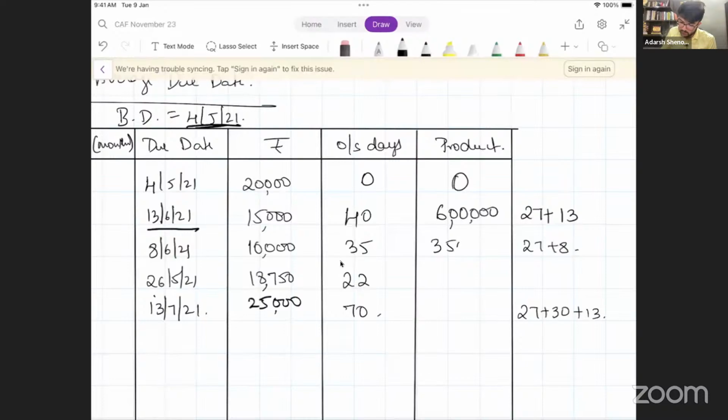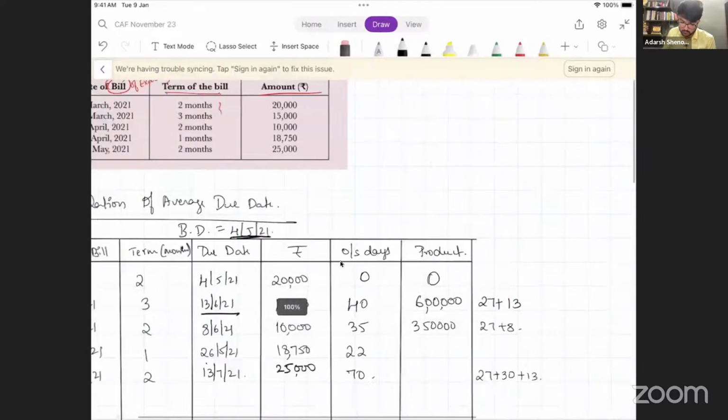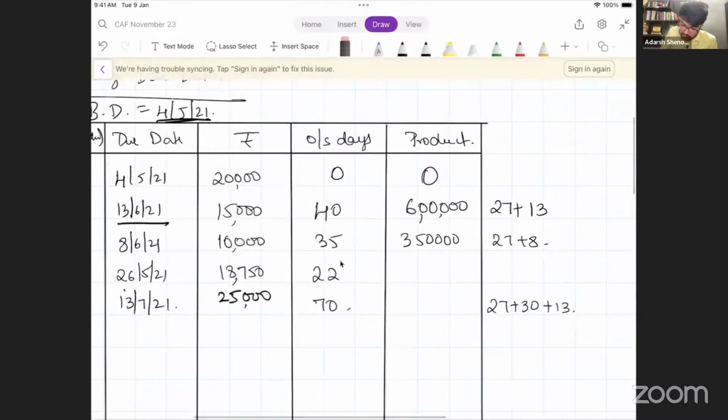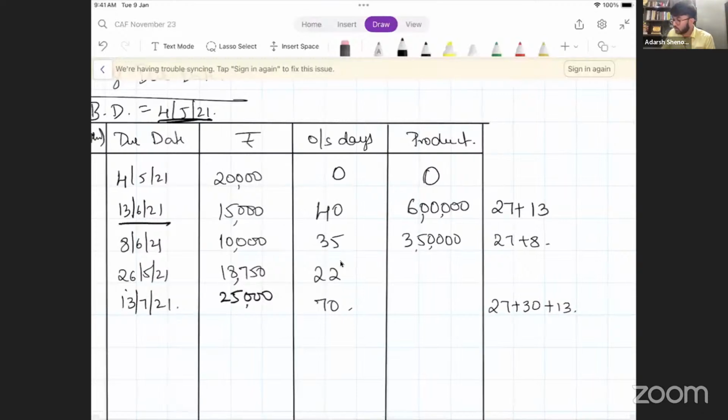This is 3,50,000. Write 10 and 6 very specifically, just write it nicely, cleanly. Okay, you should not get confused so that you will not waste time. 18,750 into 22. Don't do silly mistakes. Avoid silly mistakes in the exams. Don't make your life difficult.